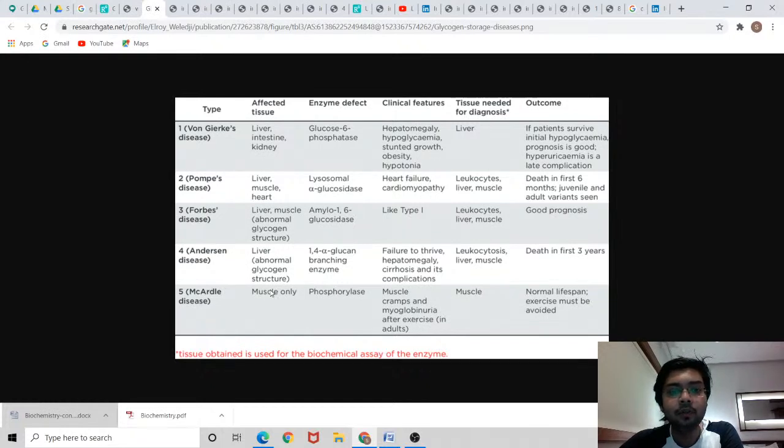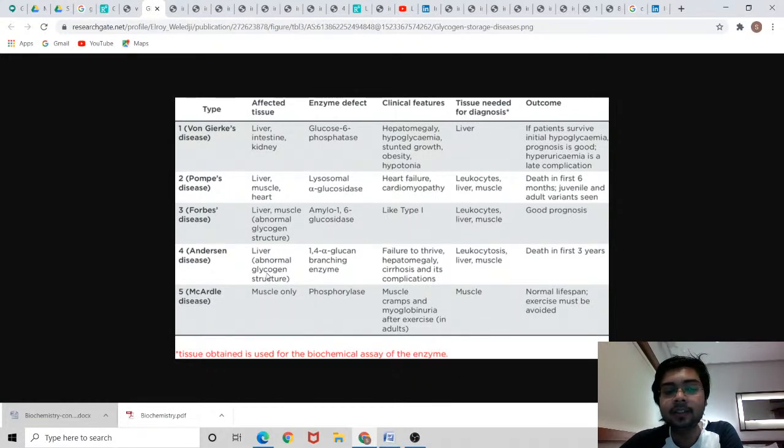In Anderson the liver is involved, due to abnormal glycogen structures, with failure to thrive and hepatomegaly. In type 3 both liver and muscles will be involved. Okay, so type 3 both liver and muscle, type 4 liver, and type 5 is muscle.